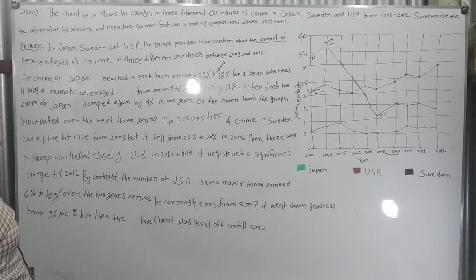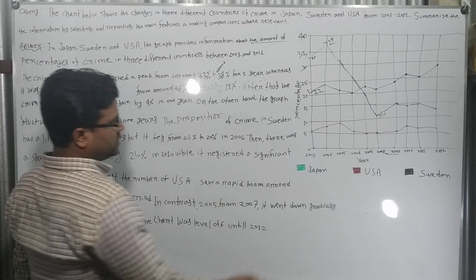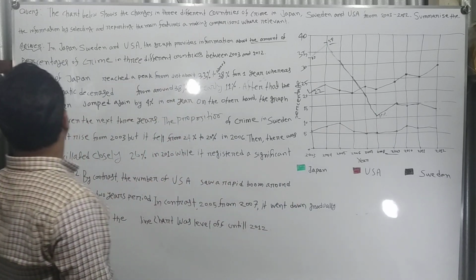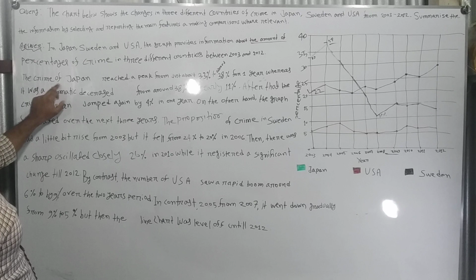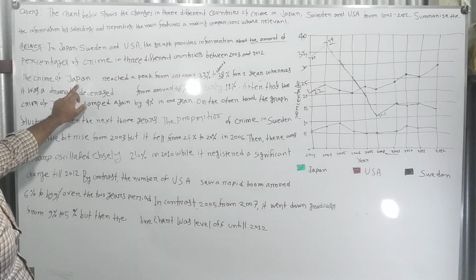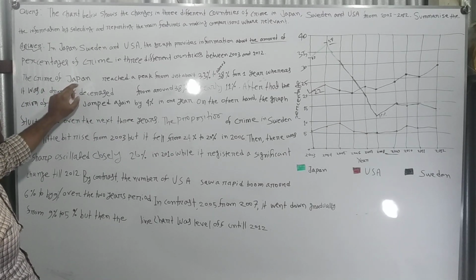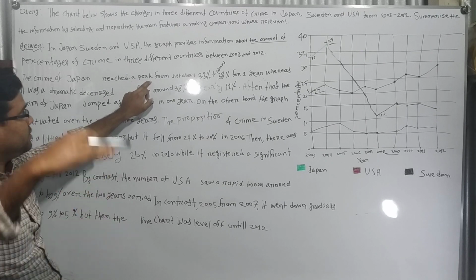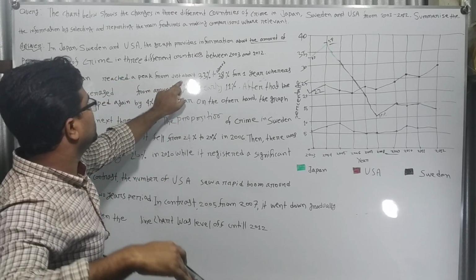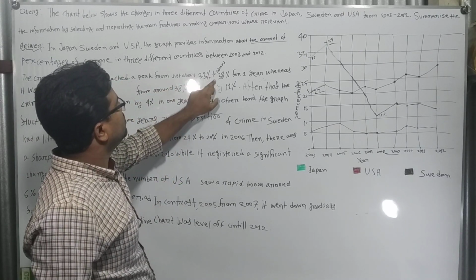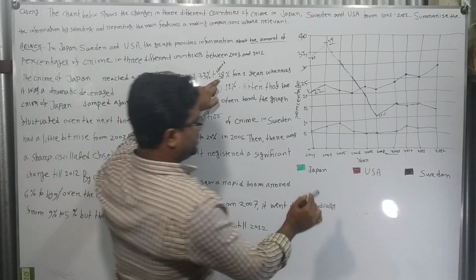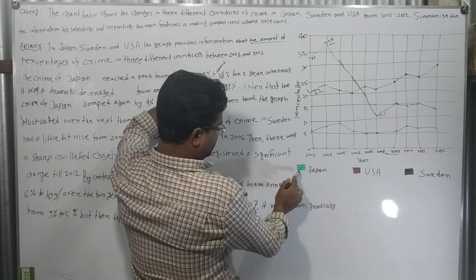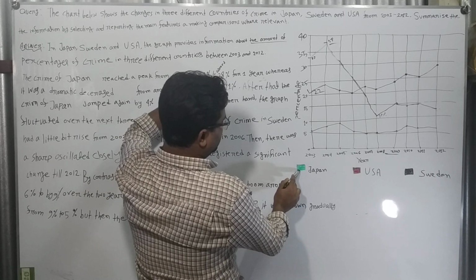So at first I will start with Japan. So the crime of Japan reached a peak from just about 30% to about 38%. Japan indicates green color.